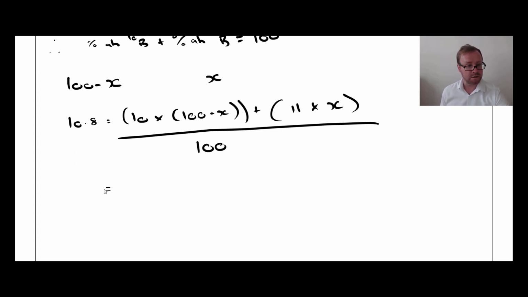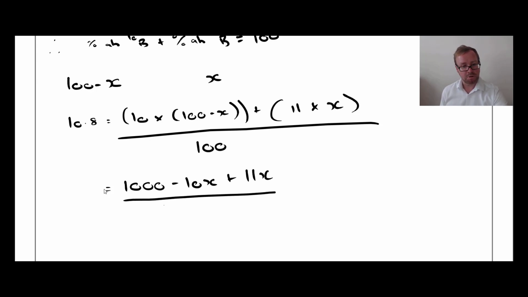So 10 times 100 is 1000, minus 10x plus 11x, over 100 equals 10.8. Therefore, I would have 1080 equals 1000 plus x.